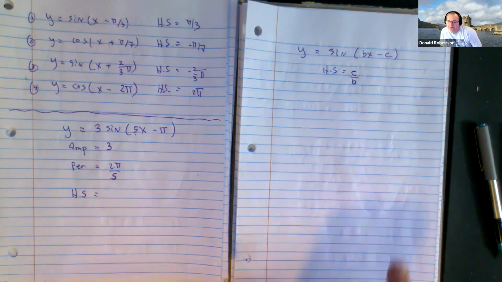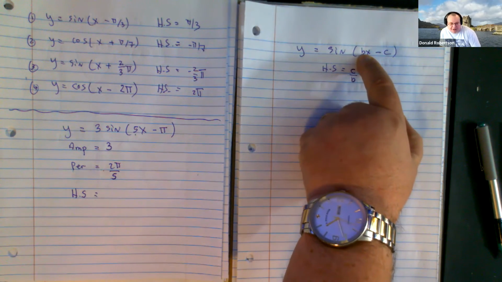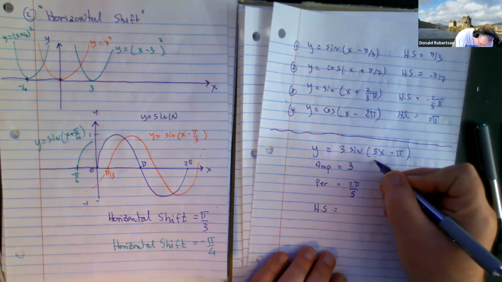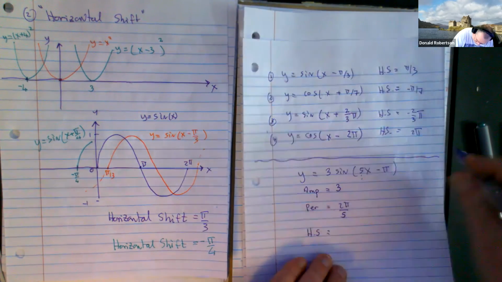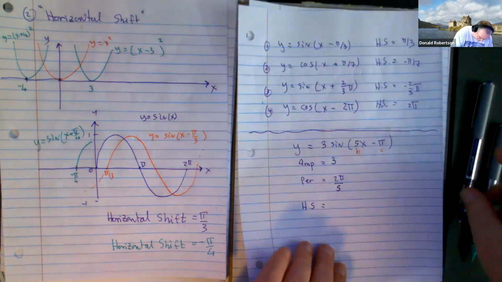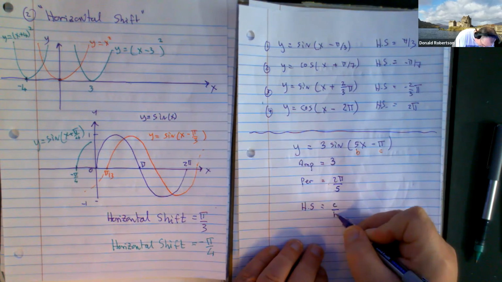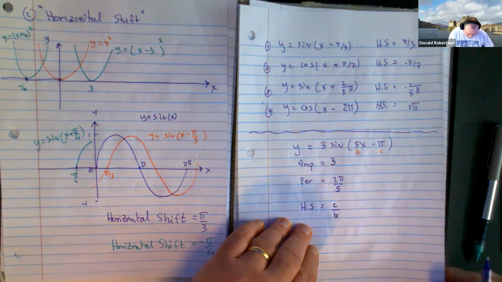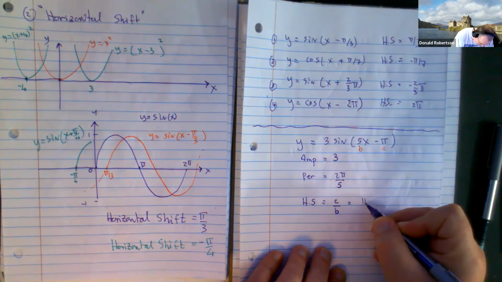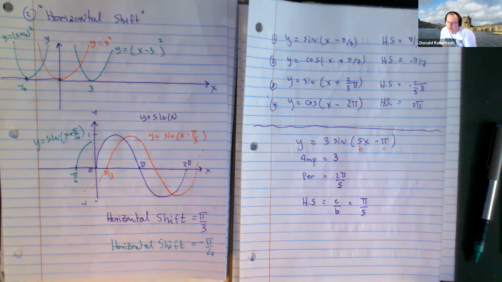So there's your formula. C, whatever that is, divided by b, whatever that is. So in my question, if we call this b, and this is c, our guy is going to be c divided by b. Yes. And that's going to be pi divided by 5. Can you see where I got the horizontal shift? Pi upon 5.